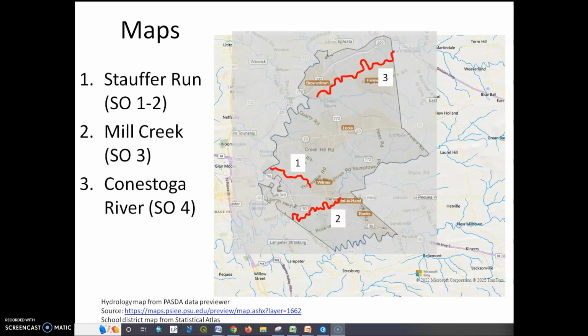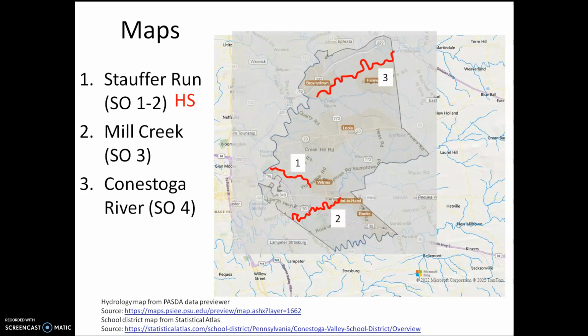There's a small section near the district boundary line where it turns to a stream order 2, but that area specifically is a golf course where a lot of our students do some data gathering for freshwater biology and ecology. So I've decided to include that stretch of Stauffer Run. Mill Creek in the southern part is a stream order 3, and then the Conestoga River is a stream order 4.